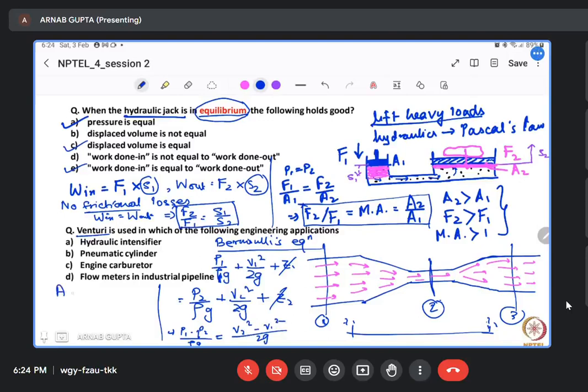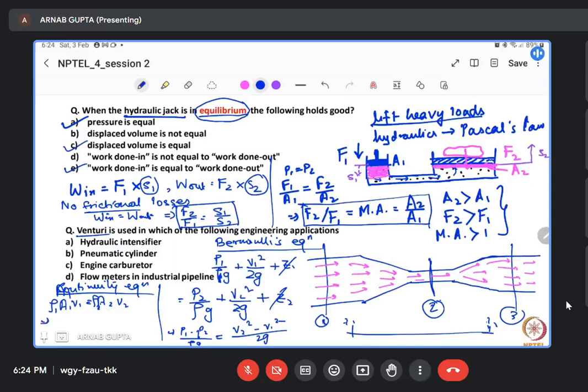Now, if you apply the continuity equation between section 1 and 2, then you have A1 V1 is equal to A2 V2. I can also write rho 1 A1 V1 is equal to rho 2 A2 V2. That is nothing but the law of conservation of mass flowing across section 1 and section 2.